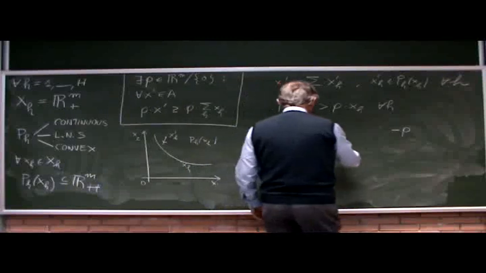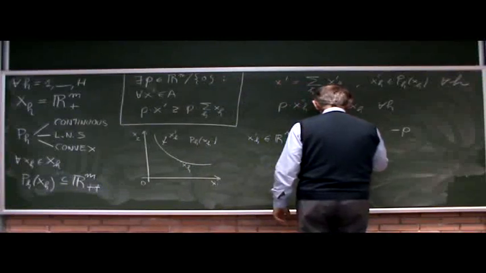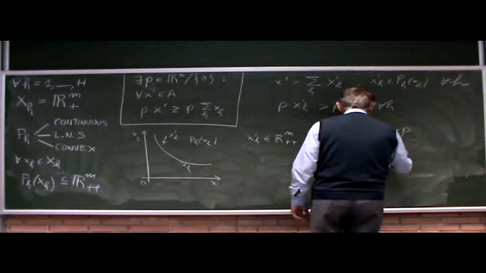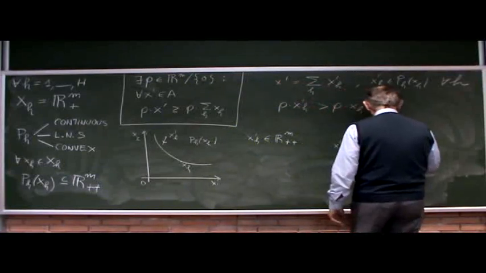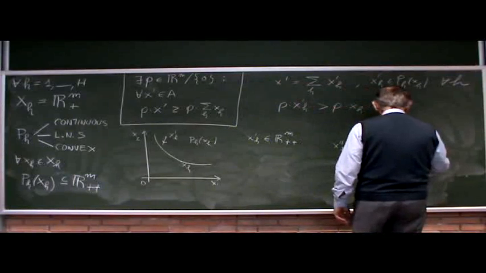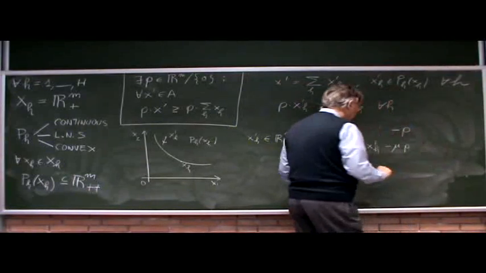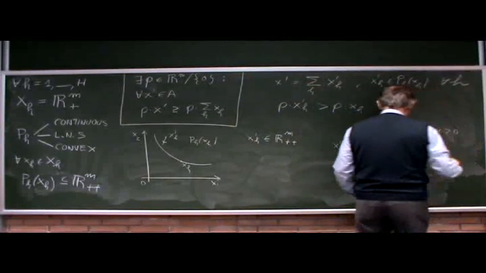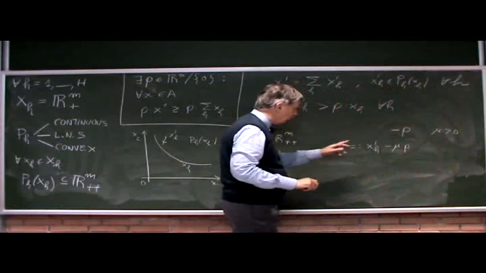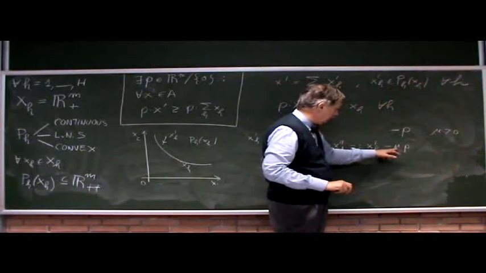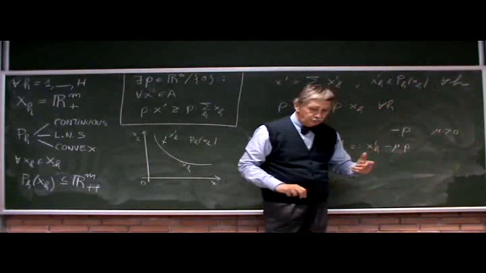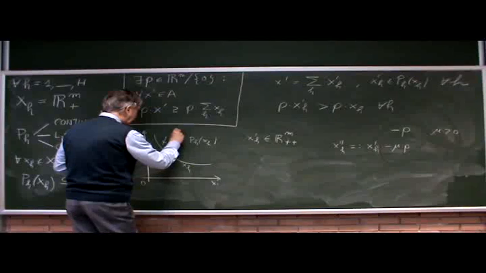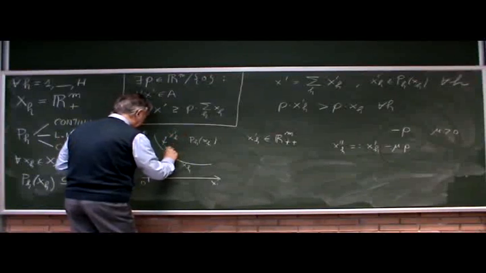Consider the vector x double prime h, which is defined in this way: x prime h minus mu times p, where mu is a positive number. In other terms, you move by this amount mu in the direction of the price system when you pass from x prime h to x second h.